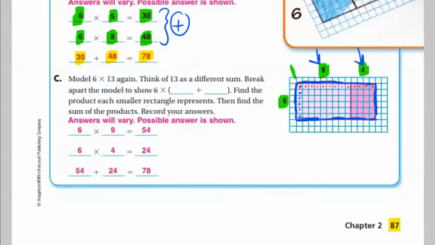Okay, let's count 9 squares and draw a line. We have here 1, 2, 3, 4, 5, 6, 7, 8, 9. So we have here 9. Let's draw a line here like that.